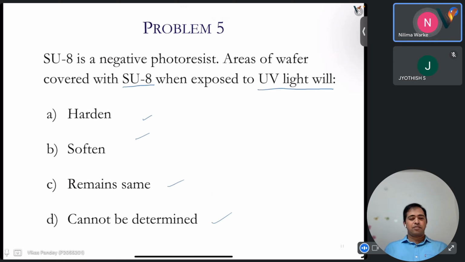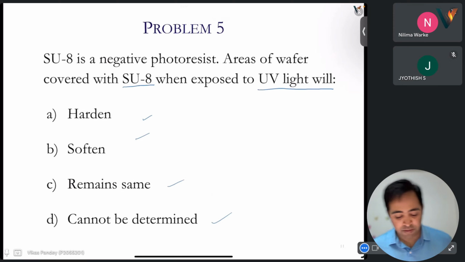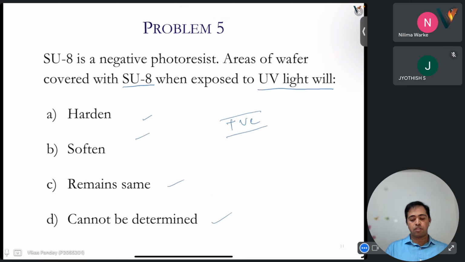Yes, it will harden. The exposed area hardens and the unexposed area will be removed. This is exactly opposite to a positive photoresist. Fine. Since this is negative, whatever we expose will harden.